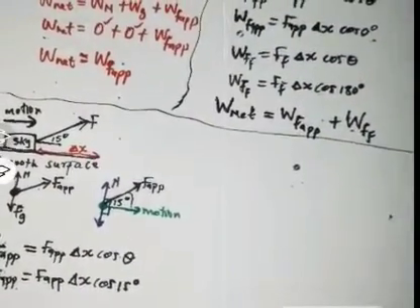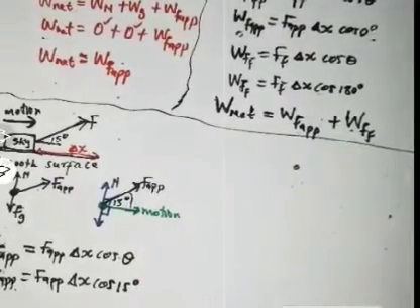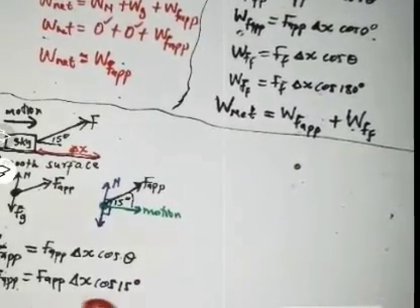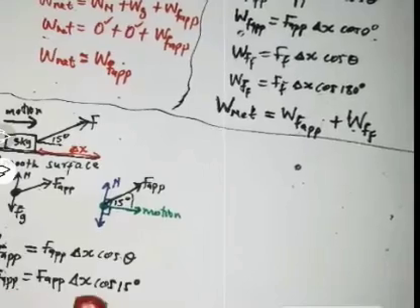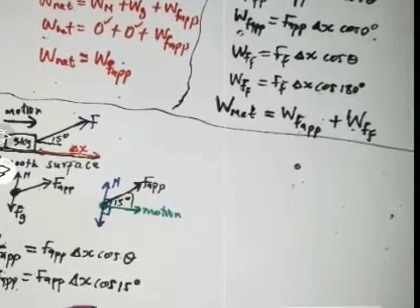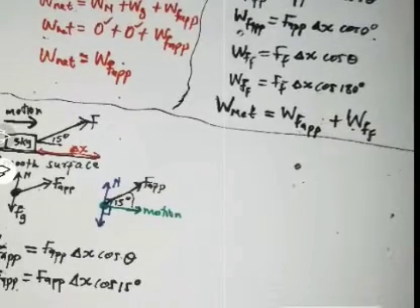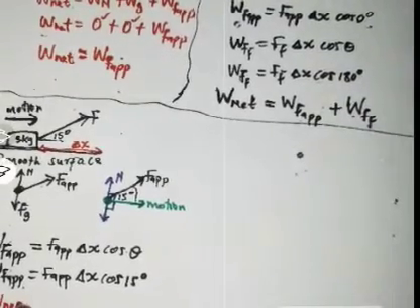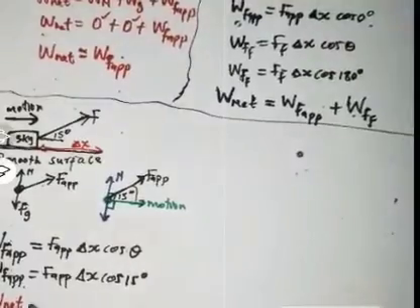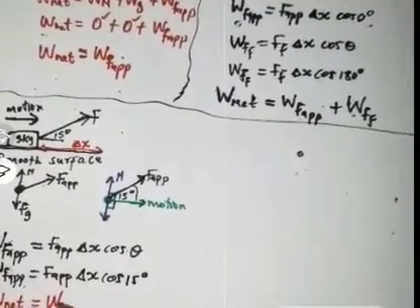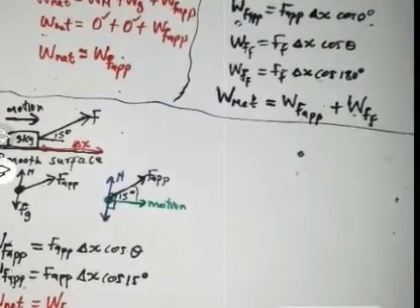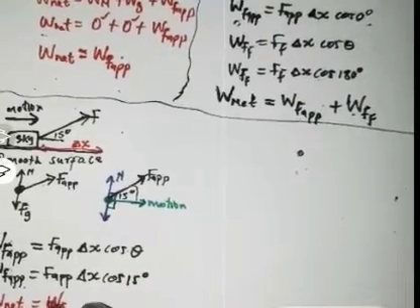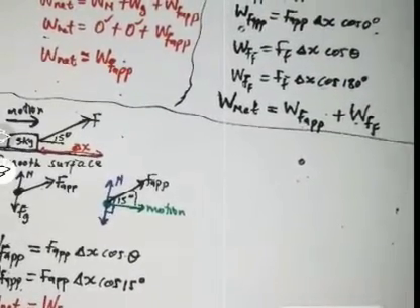Then that's how we'll get the work done by the applied force. So again, it means the work net here, because this is the only external force that is applying. So we'll simply say the work net equals the work done by the force applied. So F will be the only one that is moving there.